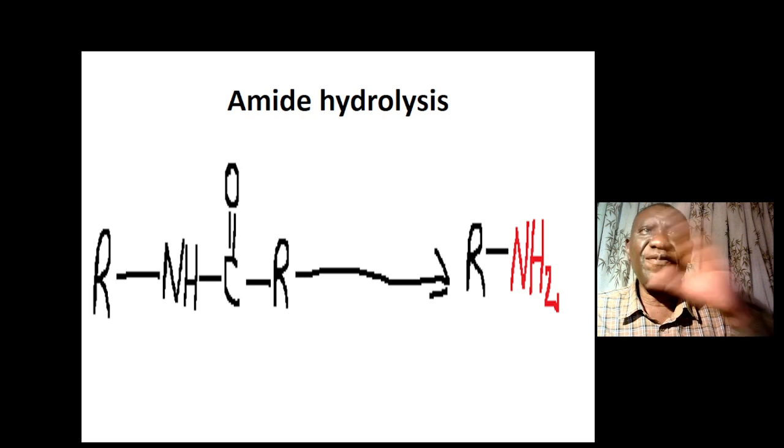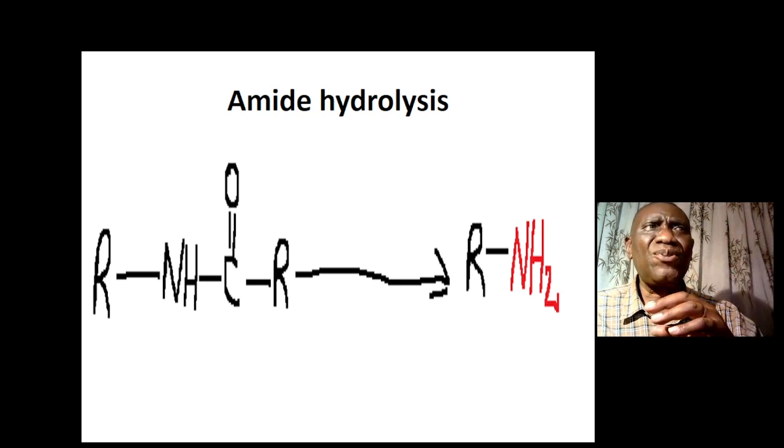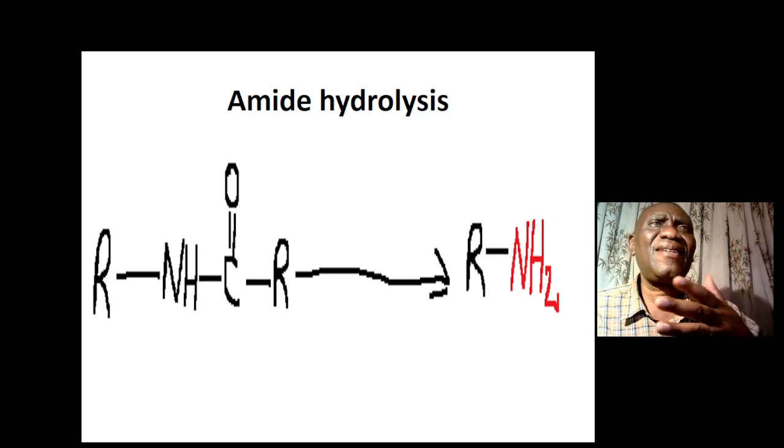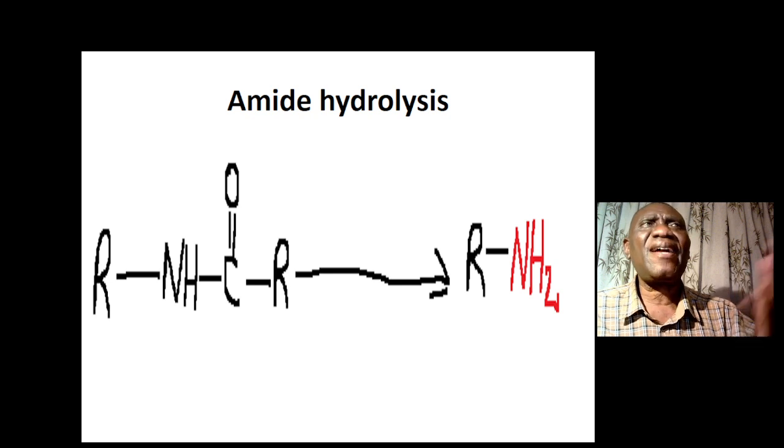So if we give you a chemical structure, you should be able to recognize this structure so that it tells you how that molecule is going to break down, at least via amide hydrolysis, and it will form RNH2.